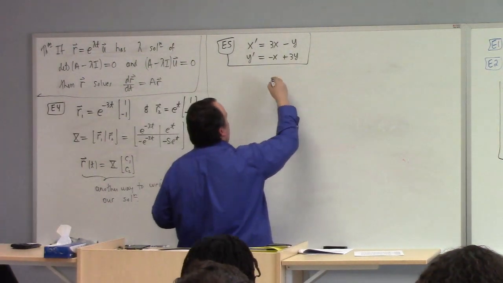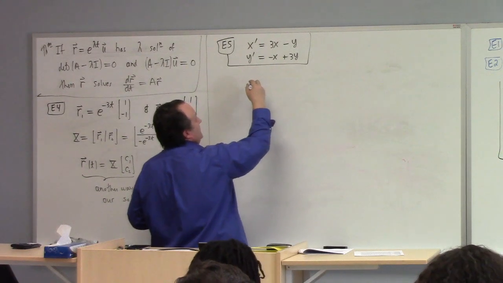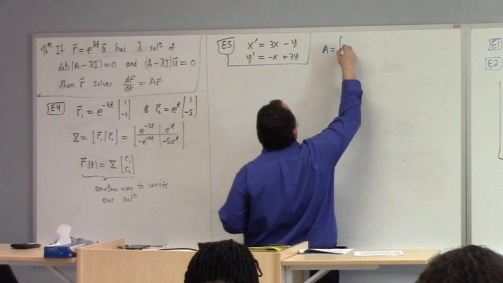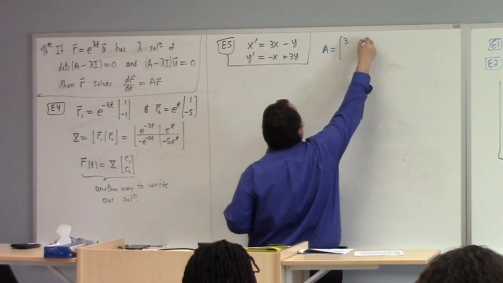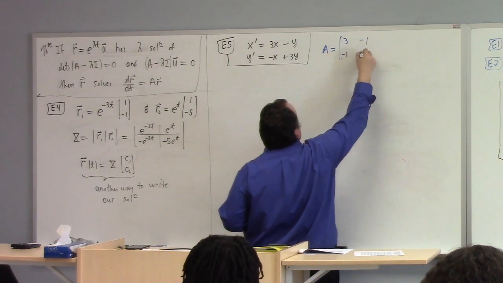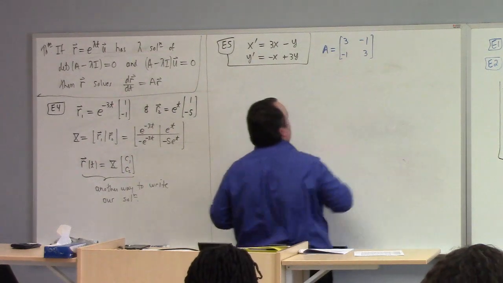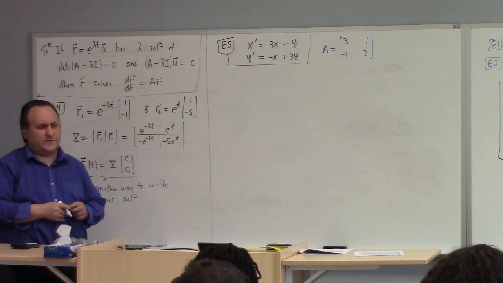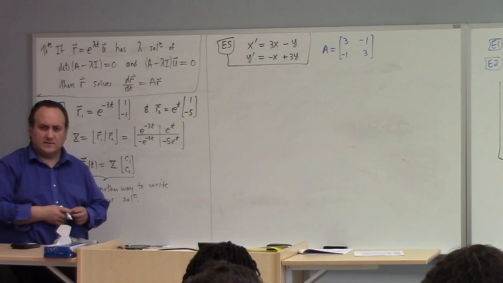First of all, I need to figure out what the matrix is. Here, the matrix is what? I got myself a 3, minus 1, minus 1, 3. All right? I don't know if I talked about this with you guys, but do you know what a transpose of a matrix is?